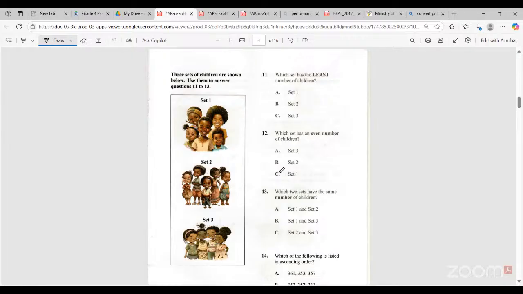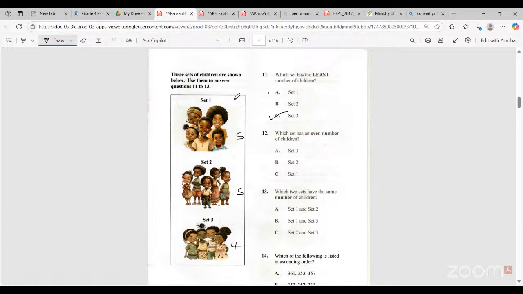Somebody says set 1. Actually, I agree with Xavier. This one has 4, right? 1, 2, 3, 4. This one has 5, and this one has 5. 1, 2, 3, 4, 5. So I agree that it is actually set 3. So for number 11, I would go with C.